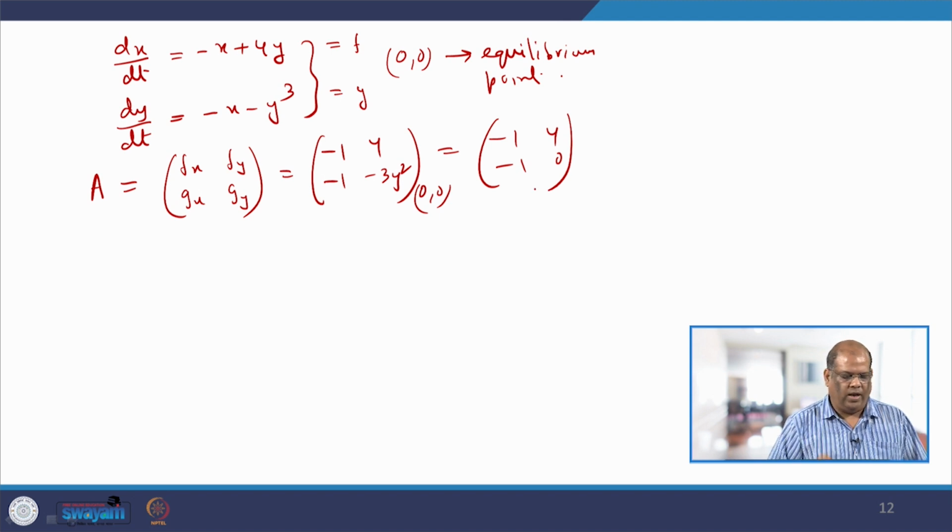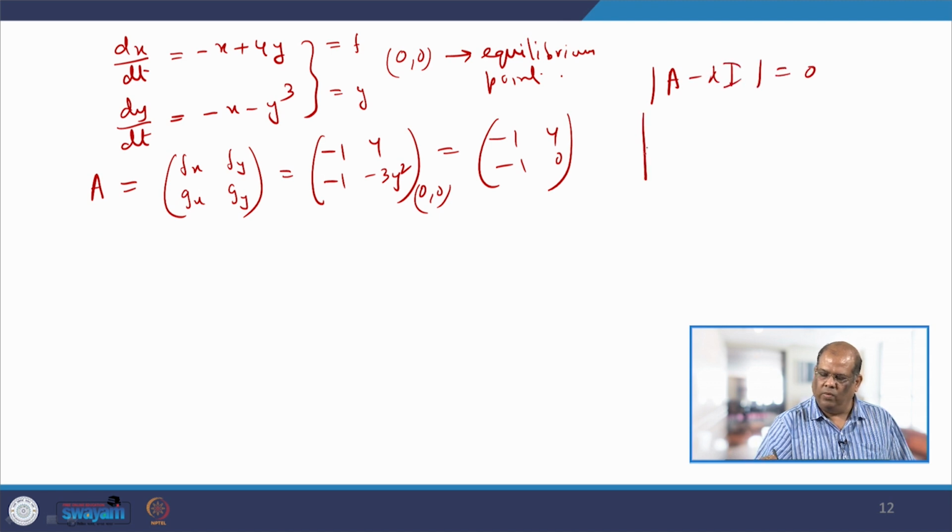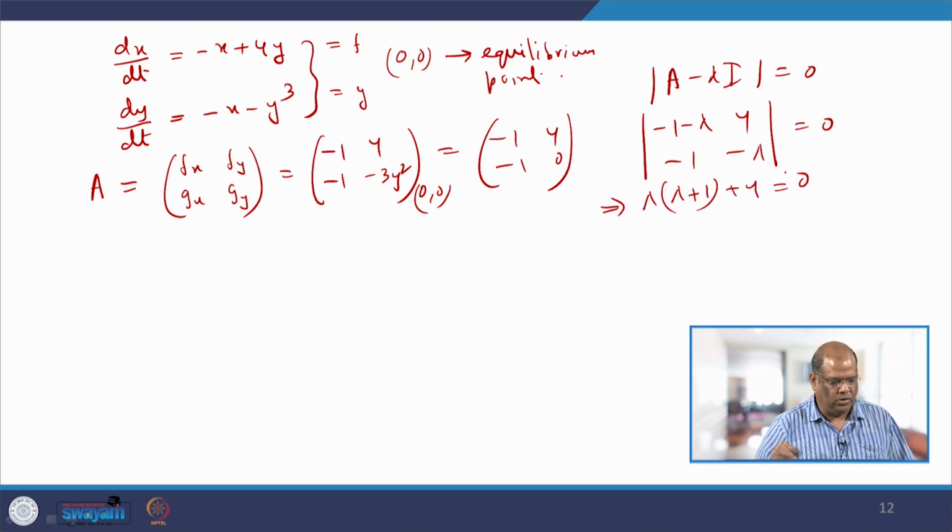So, I need to find the eigenvalues. A minus lambda I equal to 0, which implies minus 1 minus lambda, 4, minus 1, minus lambda equal to 0. Lambda into lambda plus 1 plus 4 equal to 0.